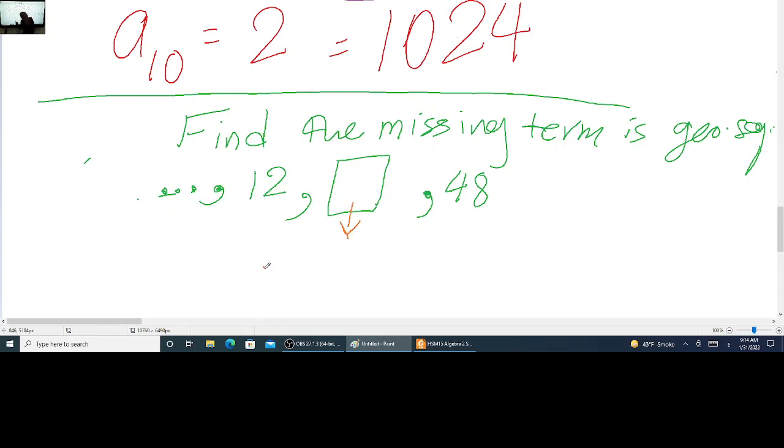This equals the square root of 12 times 48. By using a calculator, this equals 24.